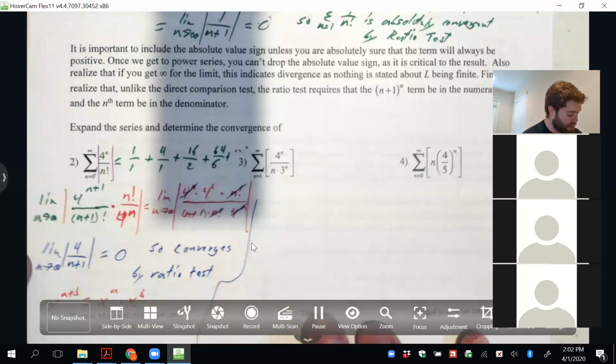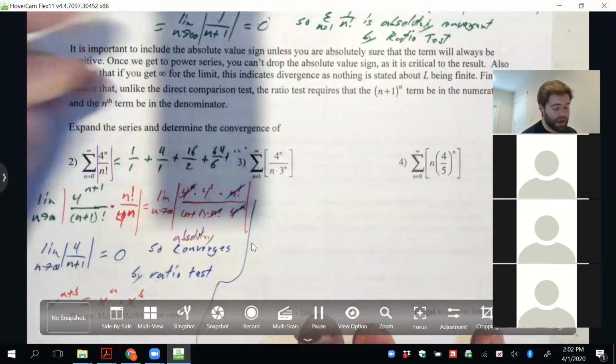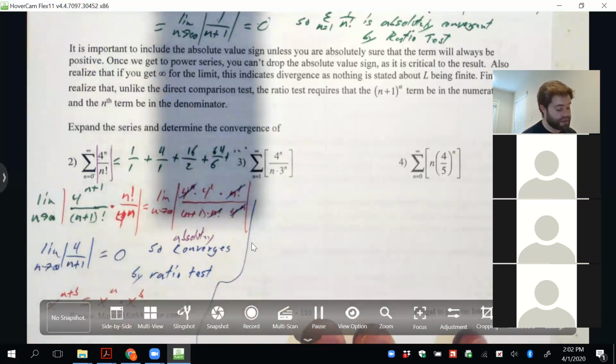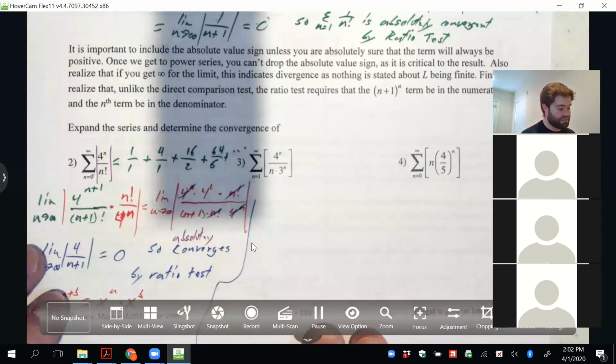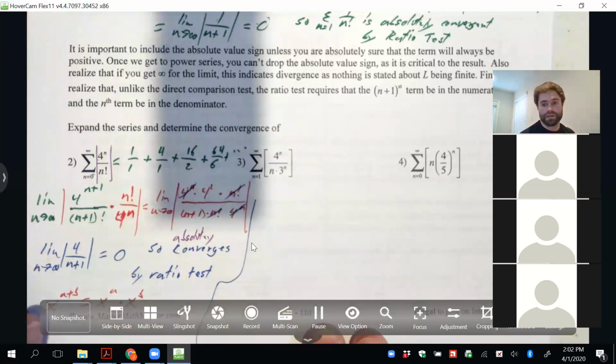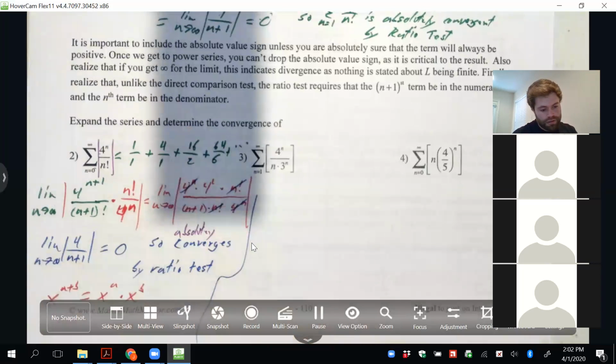But they wouldn't take off for that. It's not necessary, because they're really just asking if it converges or not, and that does still answer that question. Okay.